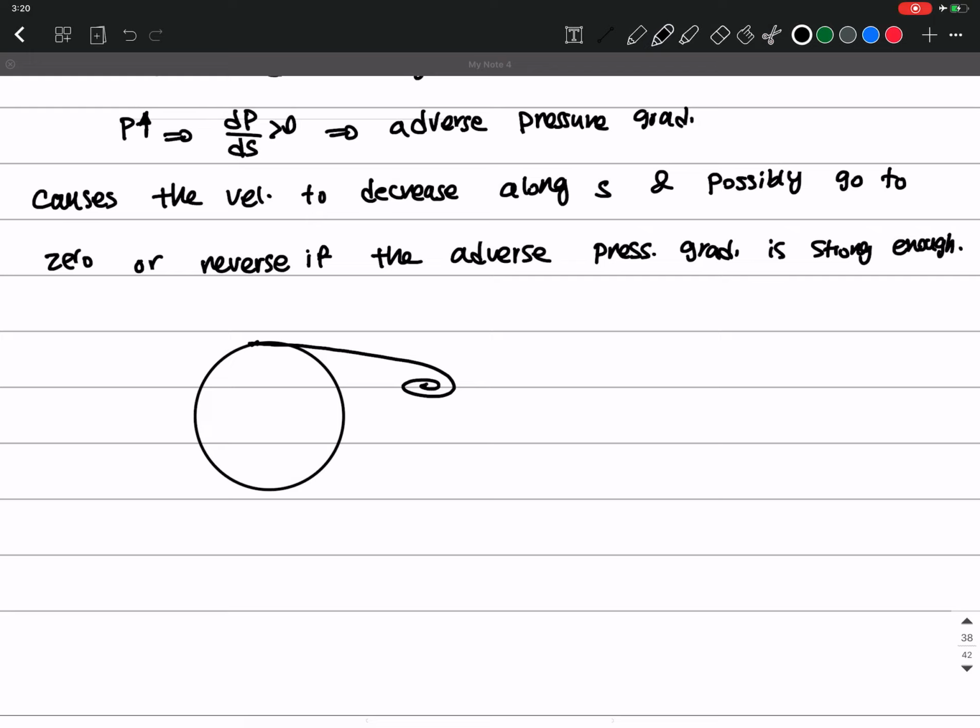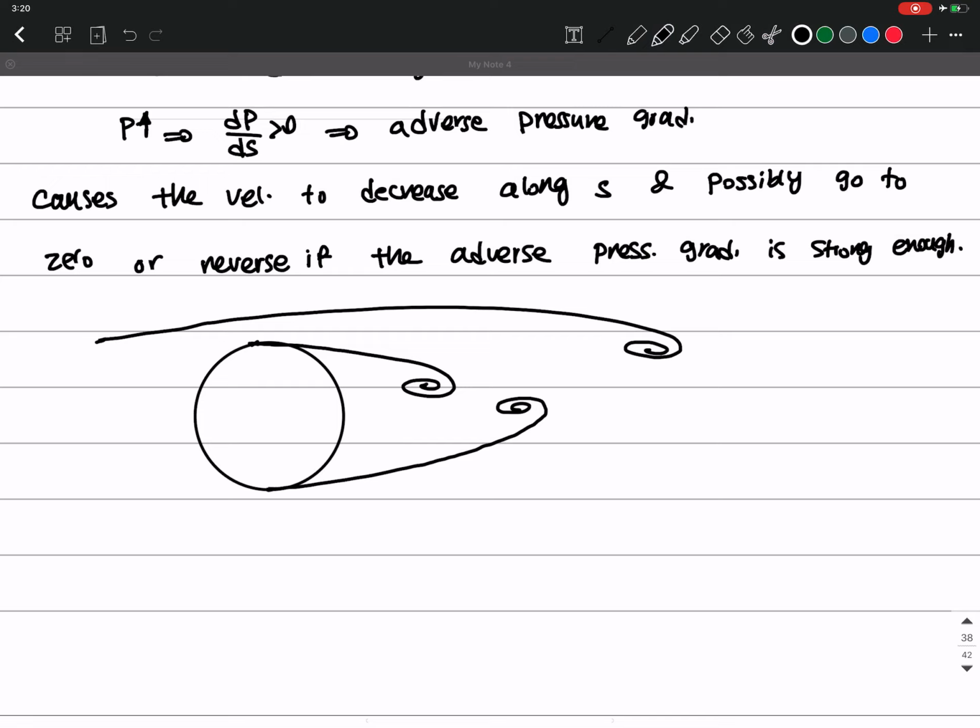So you will have a vortex that will be formed here, and then you will have another one here. And then these vortices will form something which we know as vortex shedding.